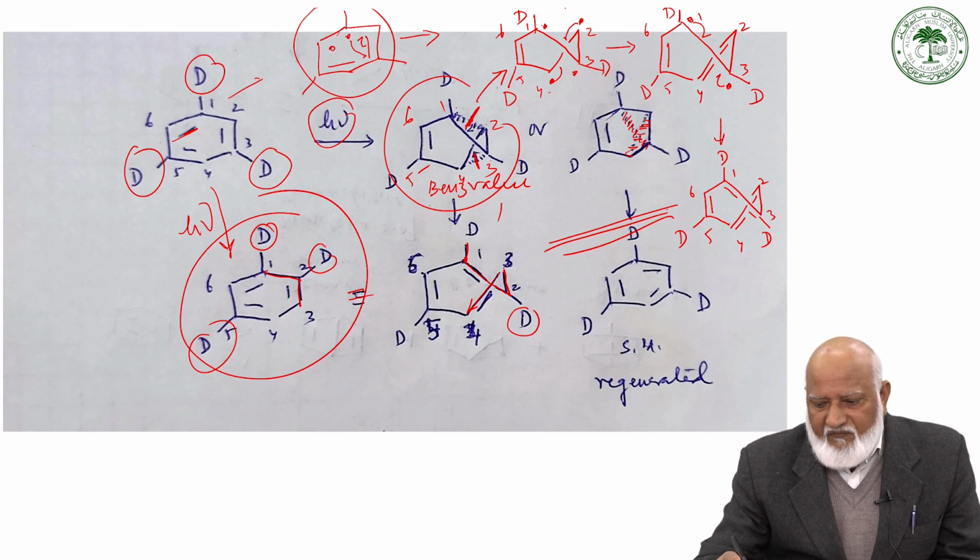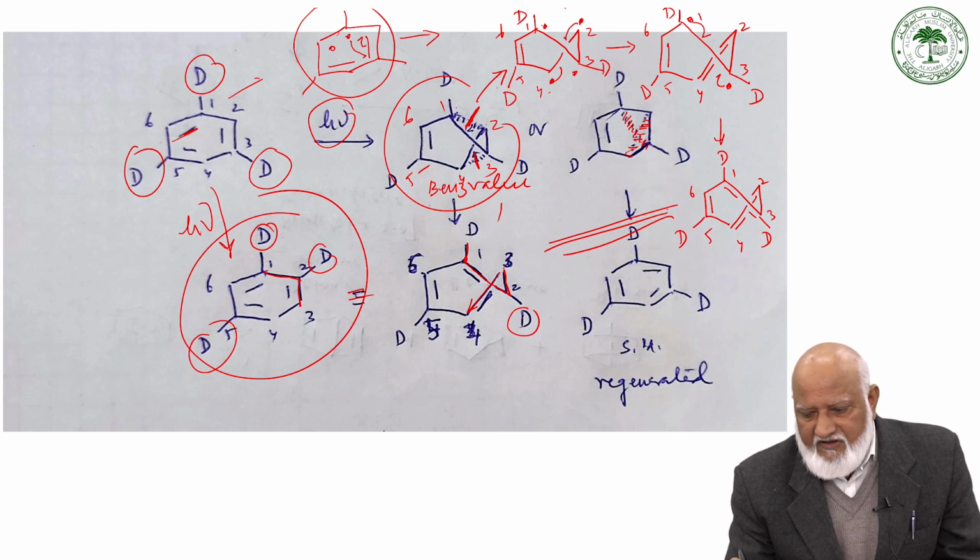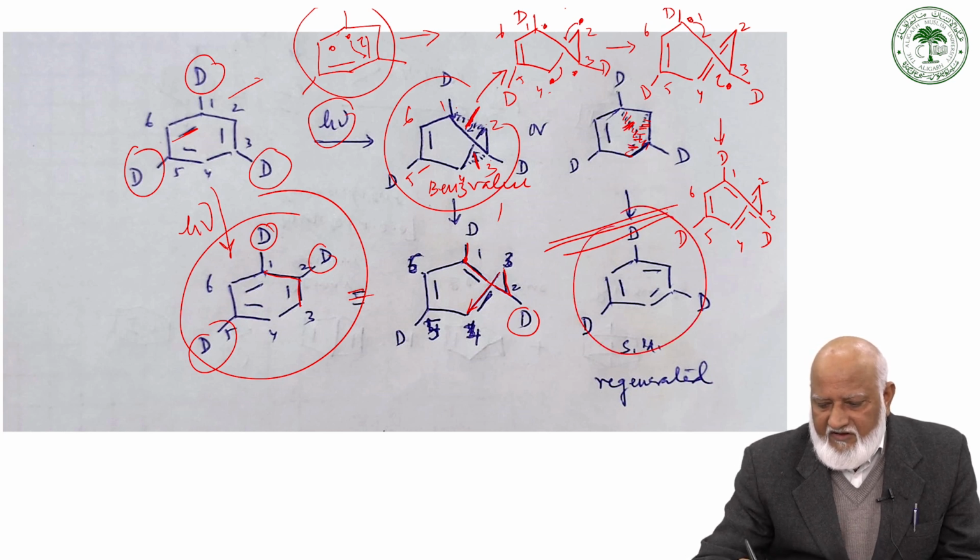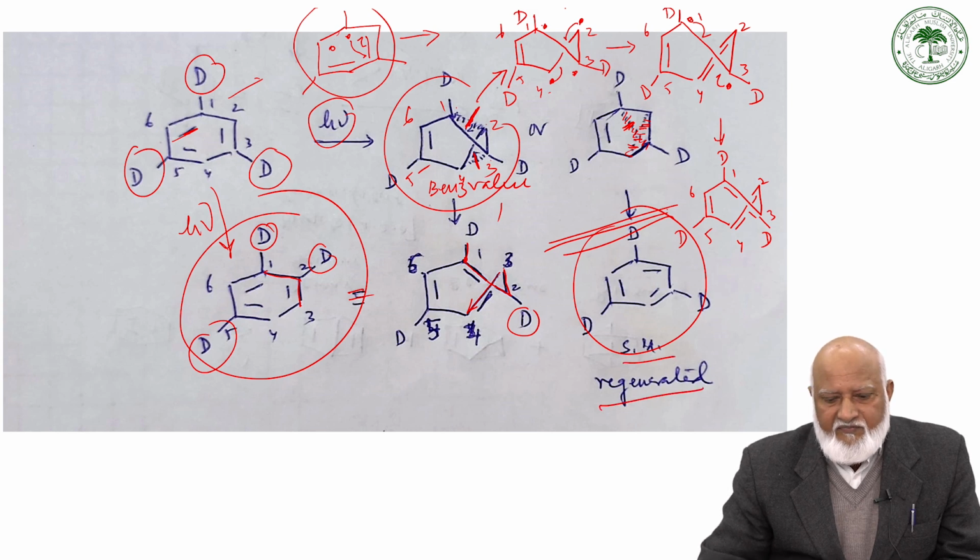photoisomerization. Whereas if we cleave these dotted lines, this line or this line, then we end up with the regeneration of the starting material.